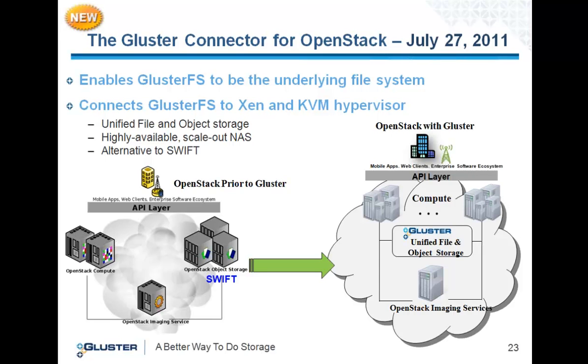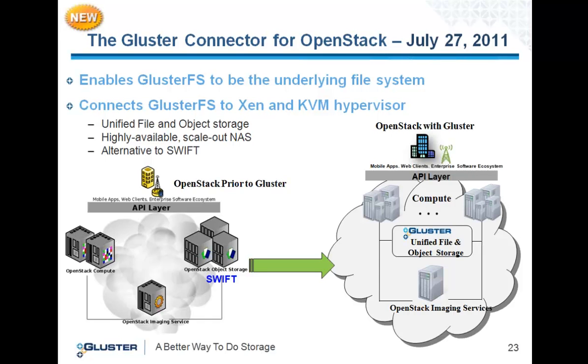Some large enterprise kinds of customers would like to build their own cloud environment, and OpenStack was created in an effort to support that kind of environment and to bring adoption of an open source approach to cloud computing, and certainly provide the compute layer, as we see on the left-hand side in this OpenStack prior to Gluster illustration, a compute layer, an imaging services capability for document imaging, and then an object storage environment, all underneath an API layer that supports mobile applications, web clients, and enterprise software environments, and a large ecosystem to support cloud computing from an open source perspective.